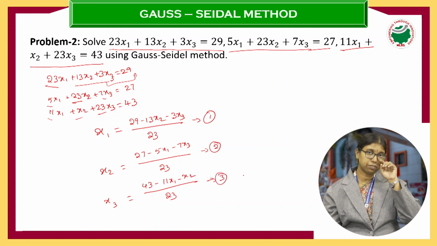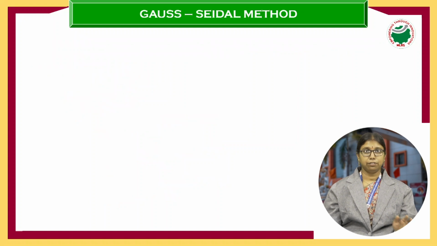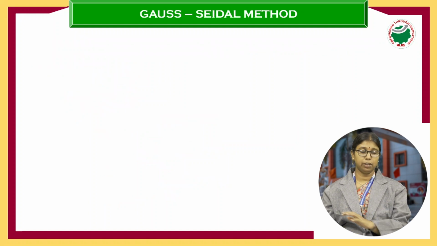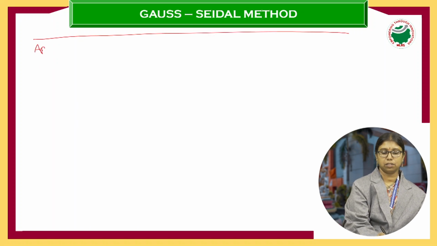I separated the first variable from the first equation, the second variable from the second equation, and the third variable from the third equation. Now you do the simplification. So you have to take approximations in tabular form. Your first column name is approximation number.